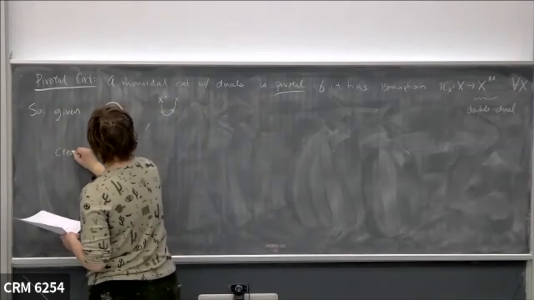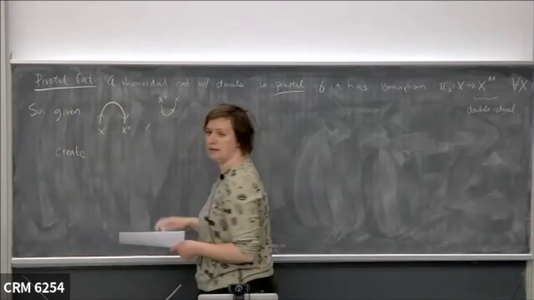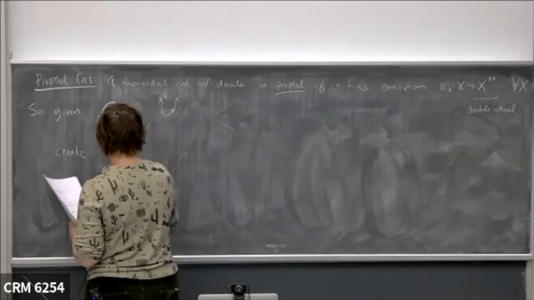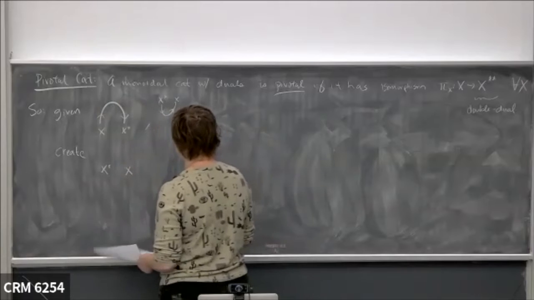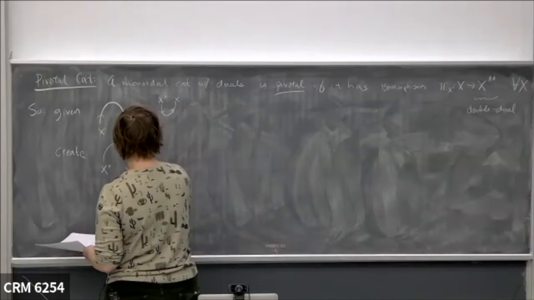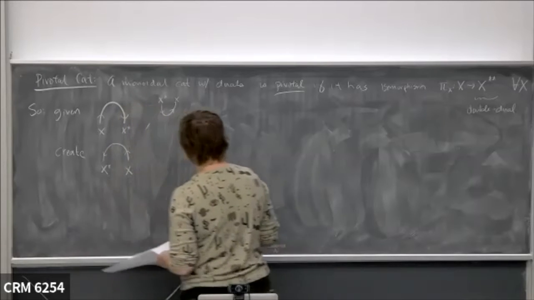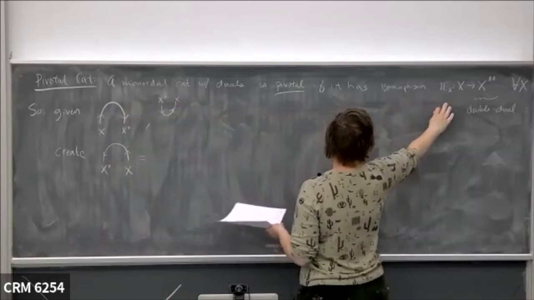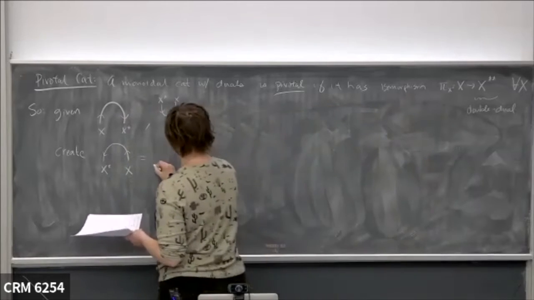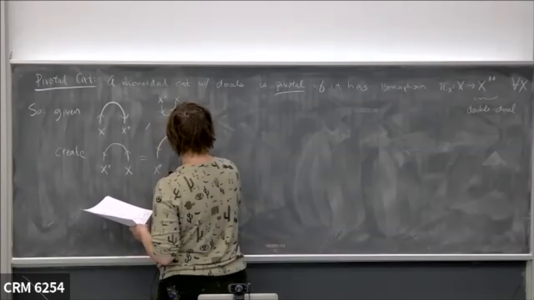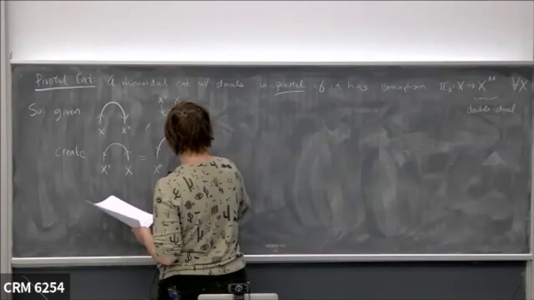And now we can create the missing cap and the missing cup by, now let's see, what we'd like to do is have x and x dual in the other order. And that means that we go like this. And we create this using our pivotal structure, right? So here's x dual, and here is x double dual, right?